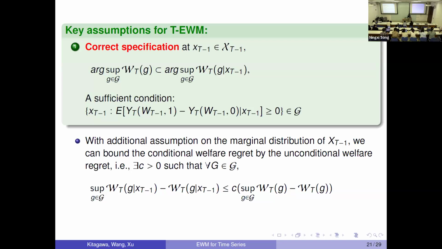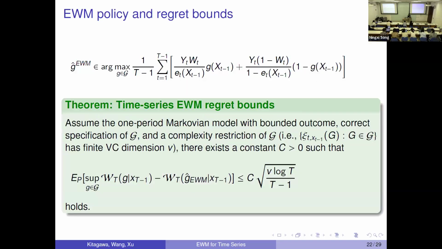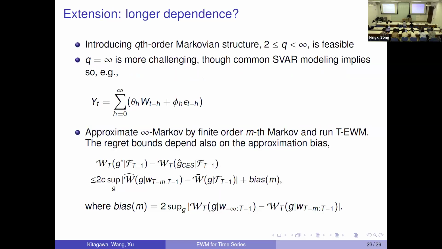With this condition, combined with the invariant welfare ordering condition specified before, and with some other technical details omitted here, we can finally achieve a convergence rate which is roughly square root T up to a logarithmic factor. So this is the major result of this paper.